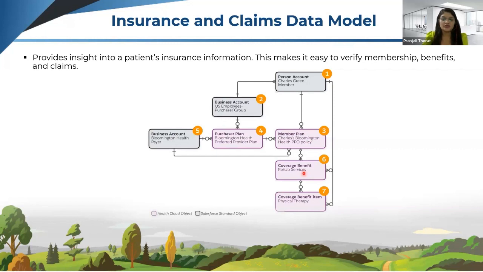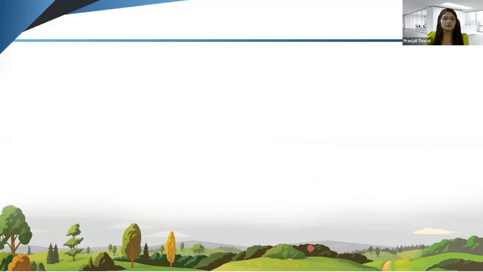Each coverage benefit has a benefit item. This benefit includes, for example, up to 30 physical therapy visits per year. So the coverage benefit represents a specific service that the member plan covers. So this is all about the insurance and claim data model. Then we will move forward to the next data model.